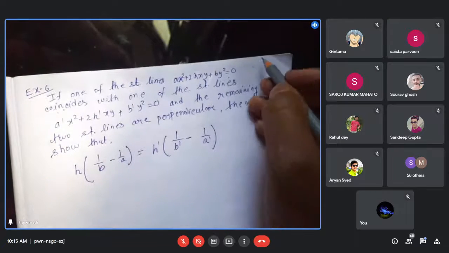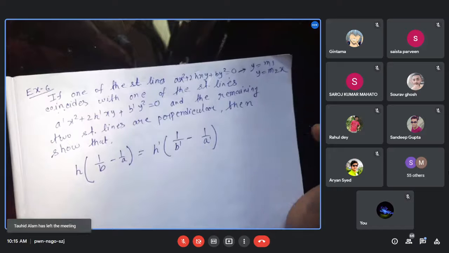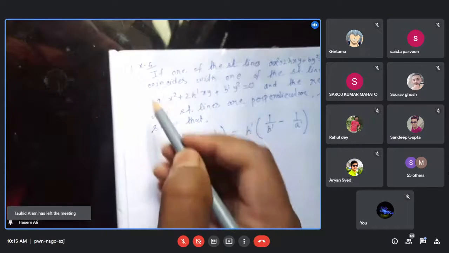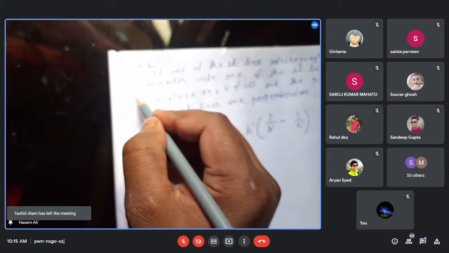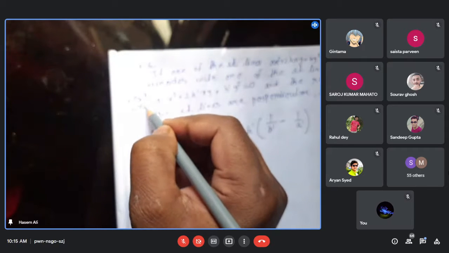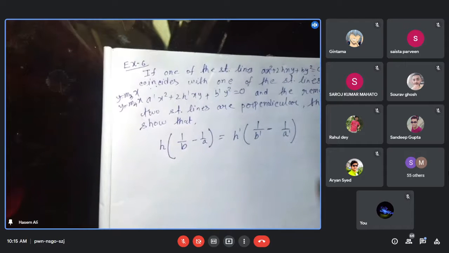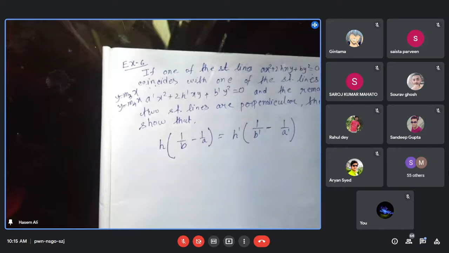The condition says that if this is a straight line, that means y equals to m1x and y equals to m2x, and from the other pair, y equals to m3x and y equals to m4x. Then the condition says that m1 equals to m3, one of the straight lines coincides.